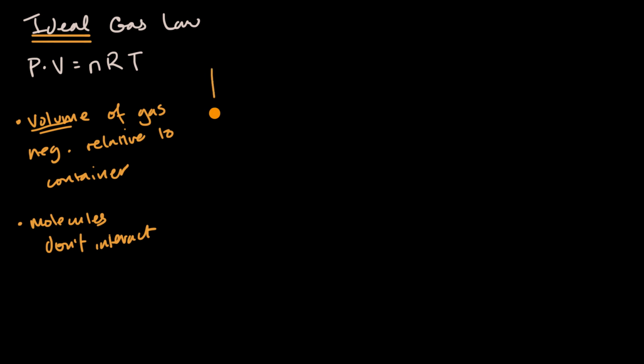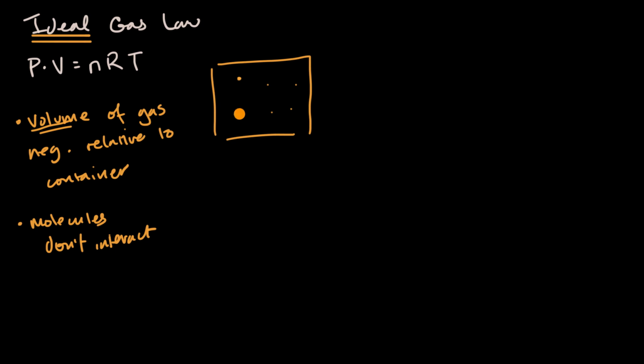it could be a reasonable assumption if we're talking about a really huge container and we don't have that high density of molecules in it. It's a reasonable assumption that the volume of the molecules themselves is small collectively relative to the container. And it's reasonable in many circumstances to assume that the molecules don't interact.